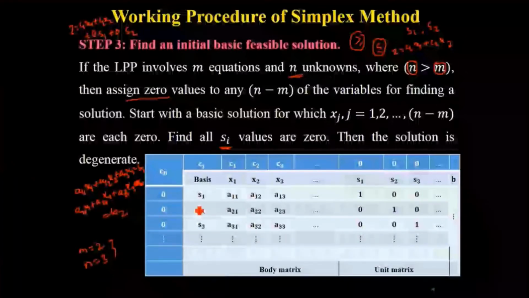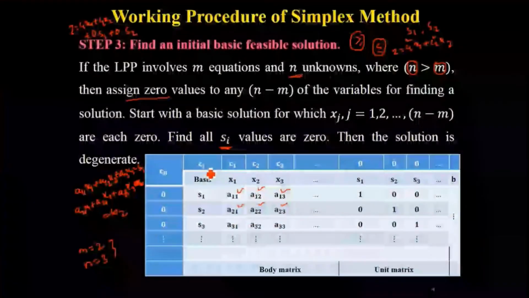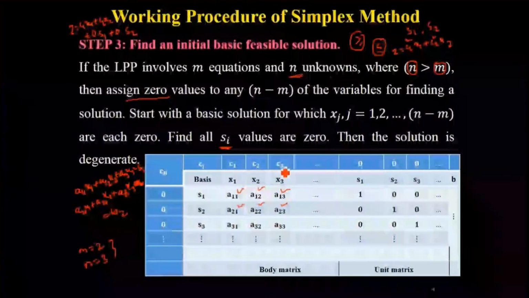So the coefficients are written like this: a11, a12, a13, a21, a22, a23, like that. Understand? And the objective function, if you have z equal to c1 x1 plus c2 x2, these coefficients you can write here, meaning cj is c1, c2, c3, like that it will proceed.